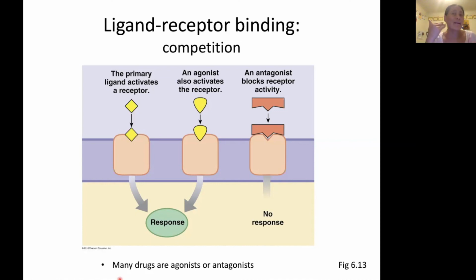But since they're antagonists, they will bind to that receptor and block the action of that receptor. So the ultimate result is to lower heart rate. So beta blockers, if you've heard of them, are used a lot to lower heart rate in people who have heart problems.